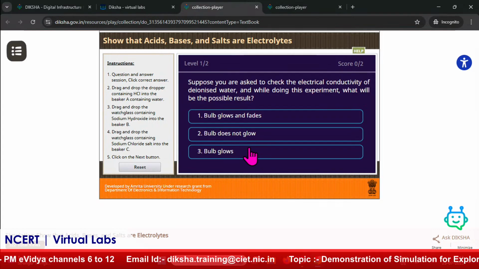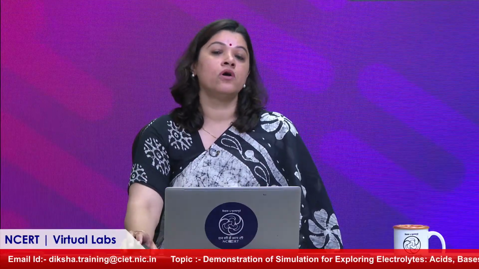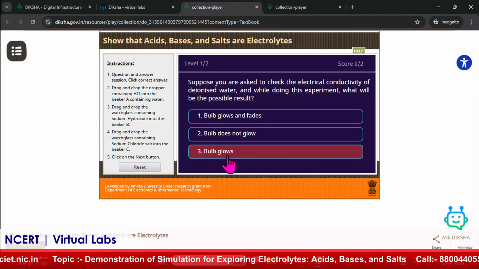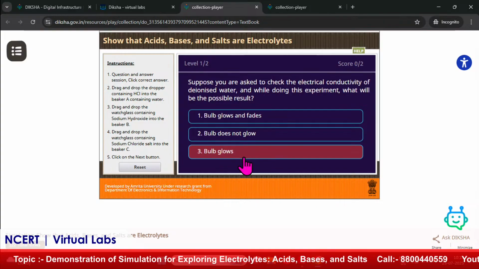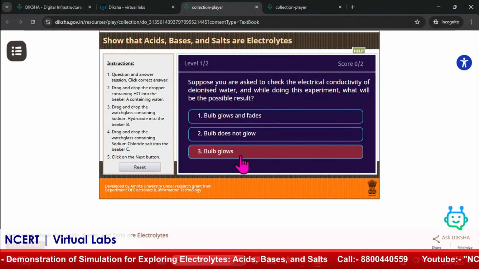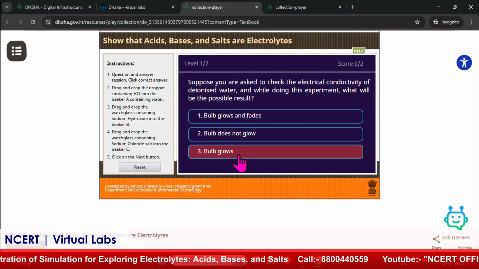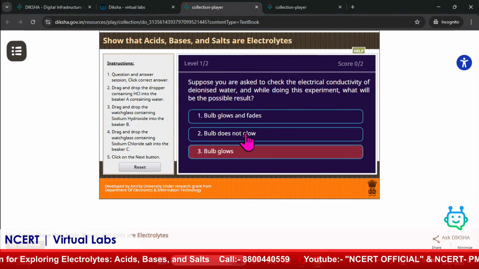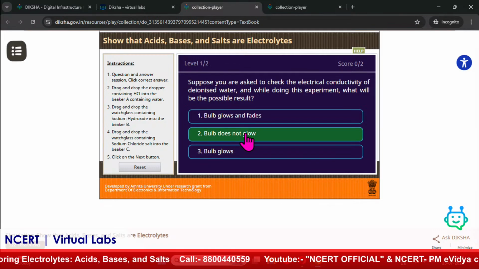Now just imagine the student is still learning about the electrolyte concept. If they pick the wrong choice, instant feedback is given by a red pop-up saying you need to revisit your concept and come back. So here I'll go with the right option.